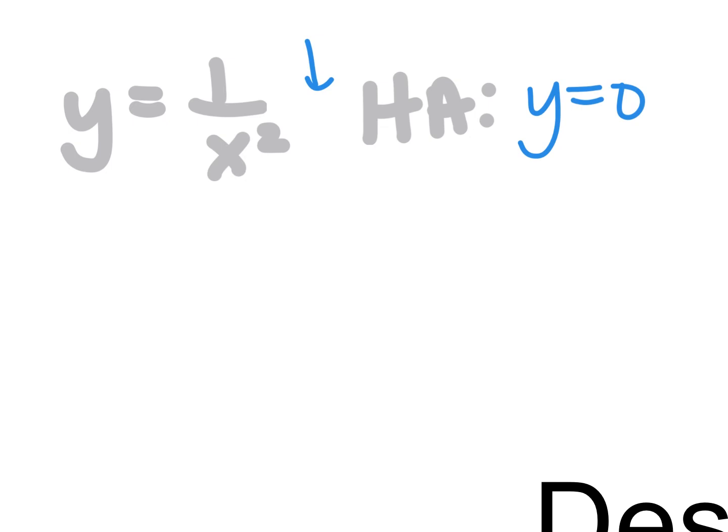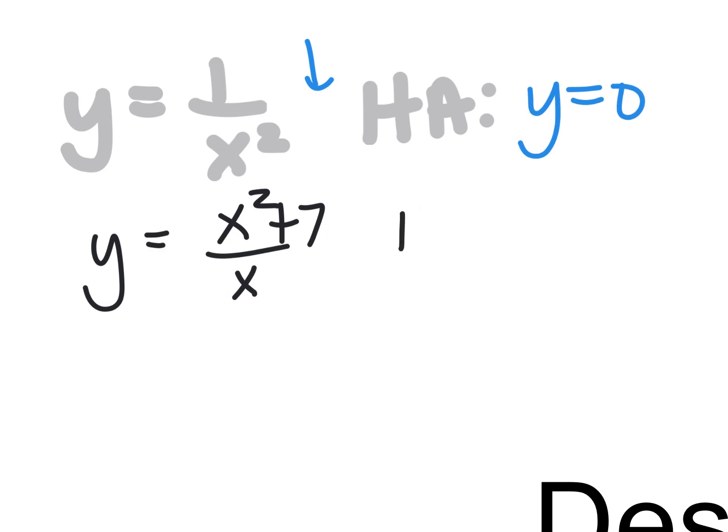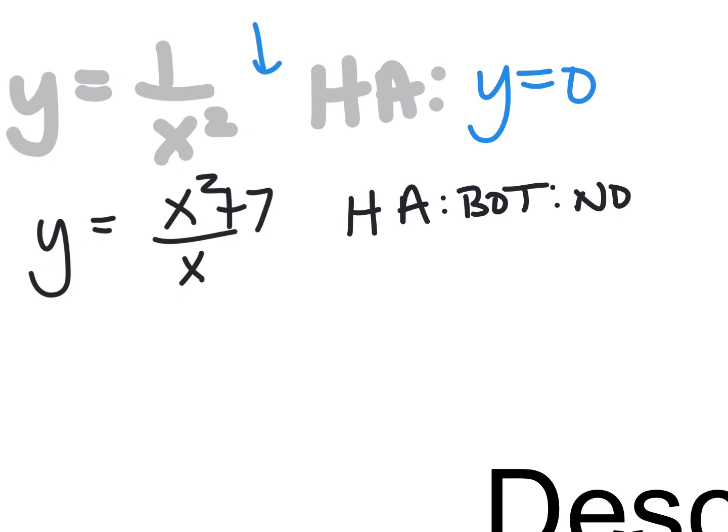What's the next case? I usually go bigger on the top next. That's like x squared plus 7 over x. That's bigger on the top. What's the rule for BOTs? No BOTs. There are no asymptotes.